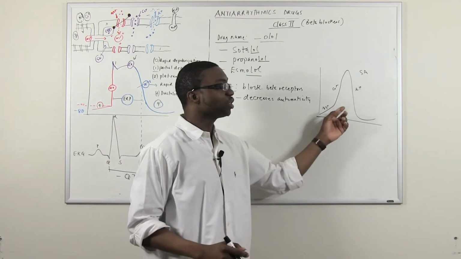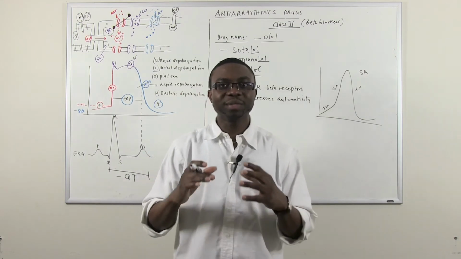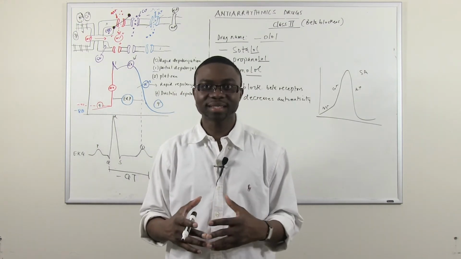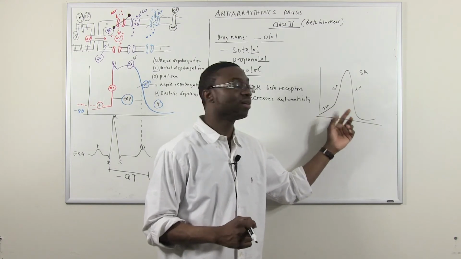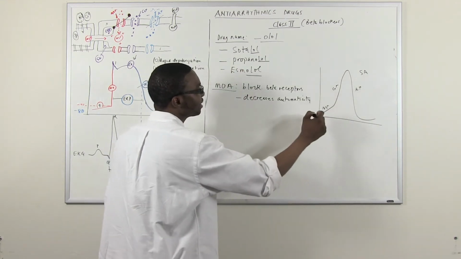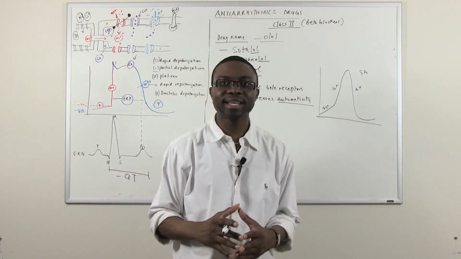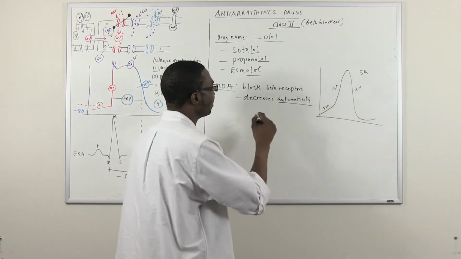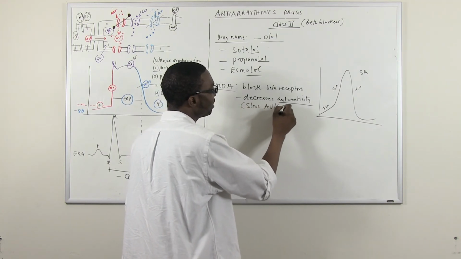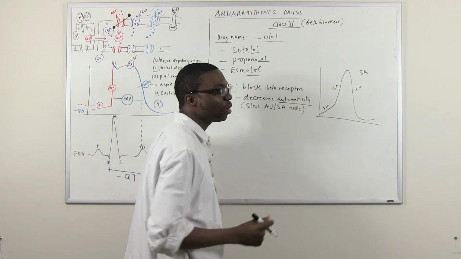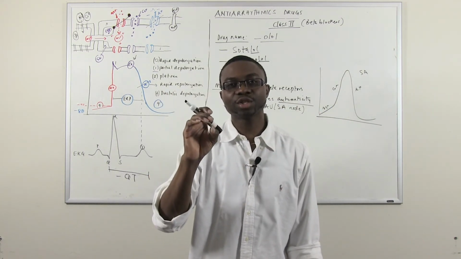Once you use a beta blocker, overall there will be decreased influx of calcium inside the cell, which is going to decrease the depolarization of the cell, which eventually is going to decrease automaticity, which is going to slow down the SA node and the AV node. Okay? AV and SA node are slowed down, right? So it's not constantly firing, it's firing slowly.